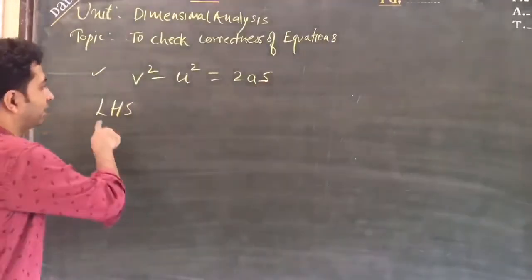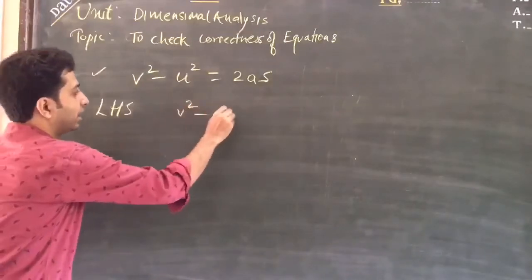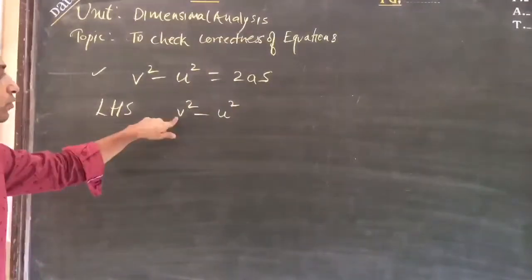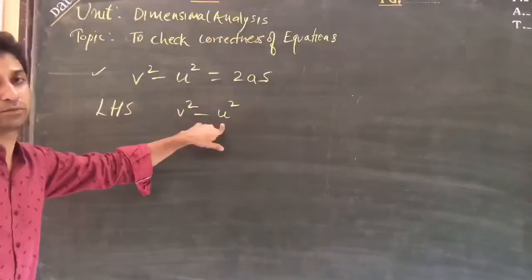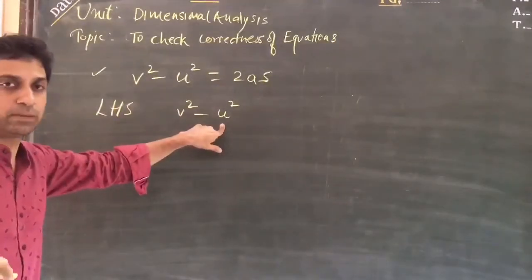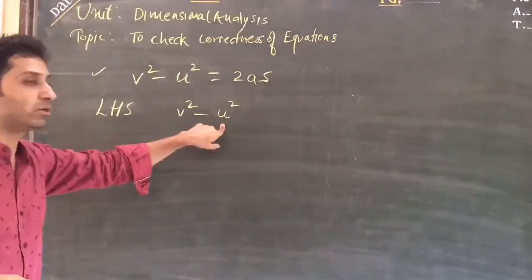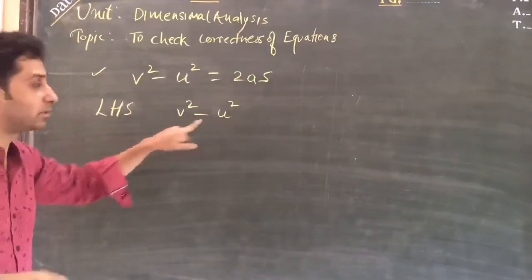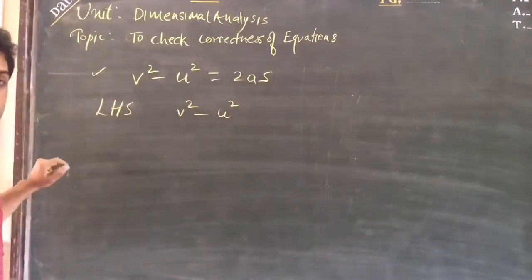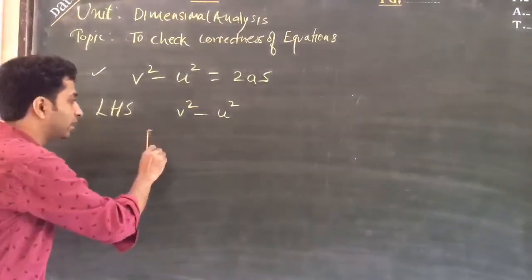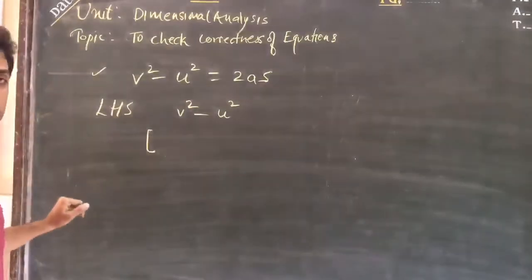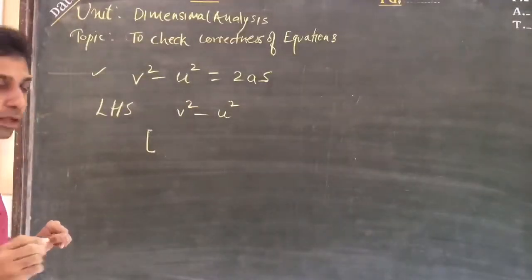Suppose first I take the left side. v represents velocity, u also represents velocity, so the dimensional formula for both will be the same.